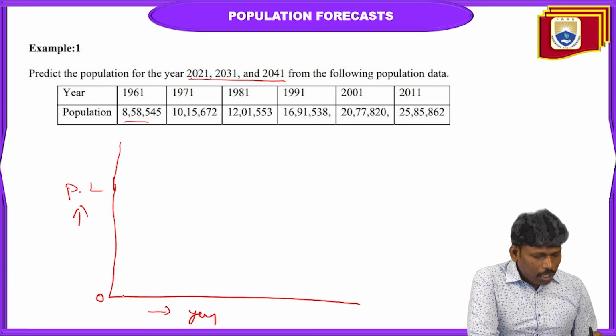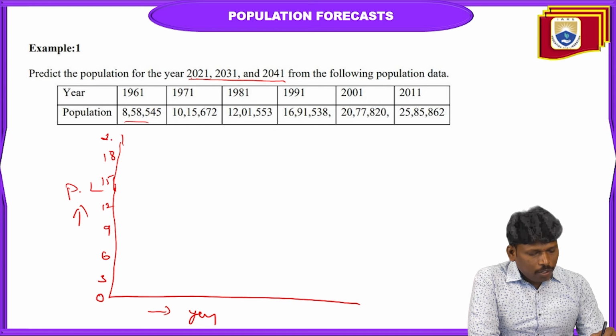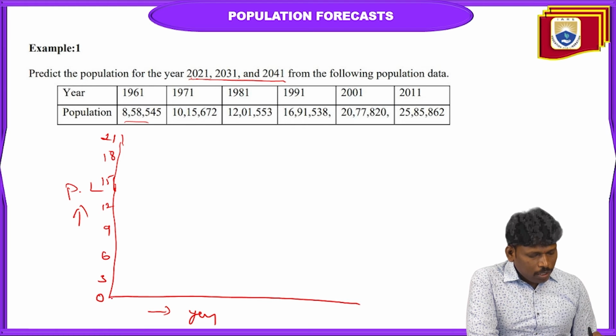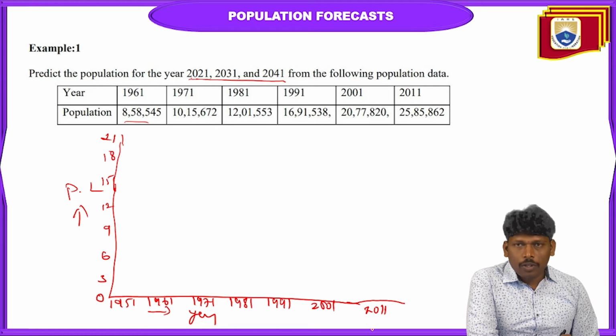I'm just taking 3, 6, 9, 12, 15, 18 and 21, for example, and the corresponding years I have here: 1951, 1961, 1971, 1981, then 1991, 2001, and then 2011. So this is the known data.